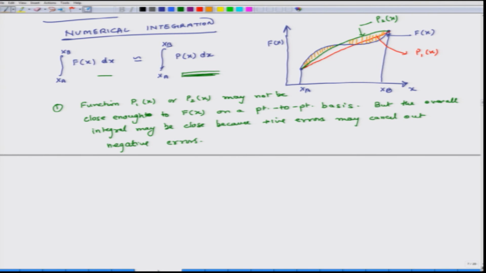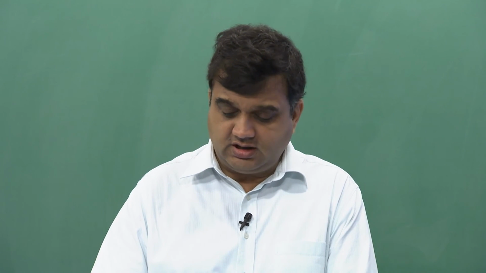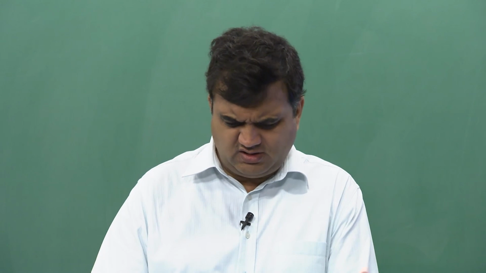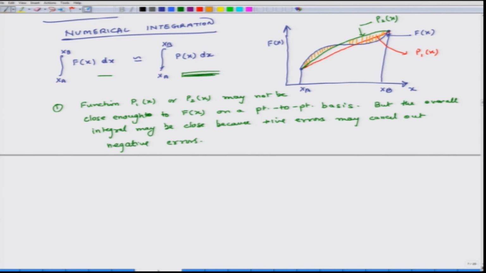But we are not interested in that curve, we are interested in the integral, because that is what we are trying to compute when I am trying to create the K matrix or F matrix and things like that. So, I am interested in the integral, and what I see is that even if it is an approximate function, this error, you can call it negative error, and this is positive error, they somehow cancel out and the integral may be reasonably close. So, maybe this P2 will work for me or even P1 may work for me.